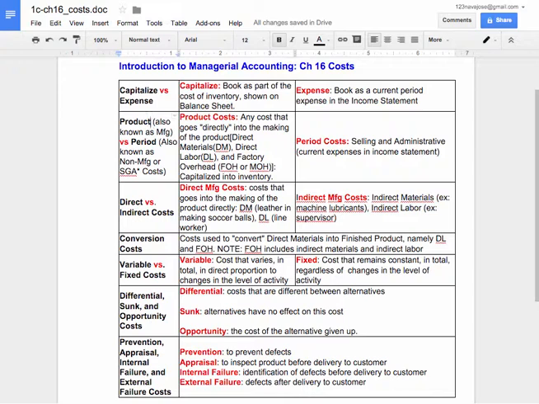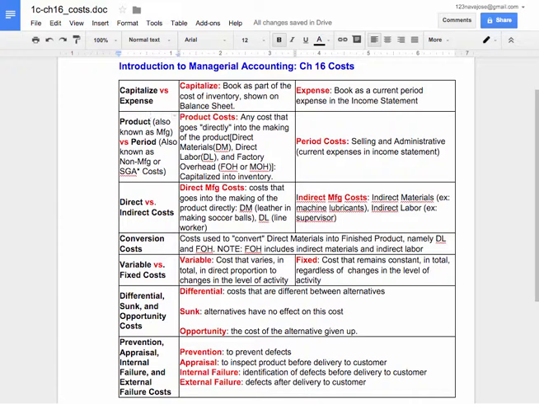You can also refer to these as manufacturing costs, so it will be the same thing. What you've seen in a different class with respect to operating expenses, that's what we now refer to as period costs. So you can think of these as actually selling and administrative expenses, all the current expenses in the income statement. Obviously, the product cost would go into the balance sheet as you produce the product.